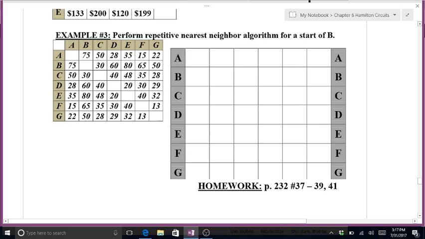We're going to ignore the fact that this is even here on the right. I meant to erase it, but I can go ahead and use it, that's fine.